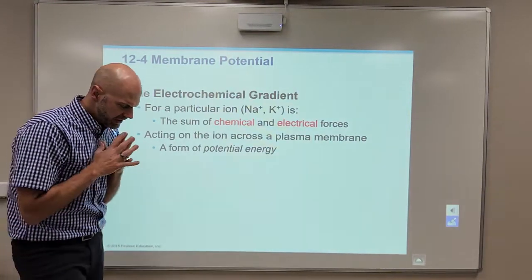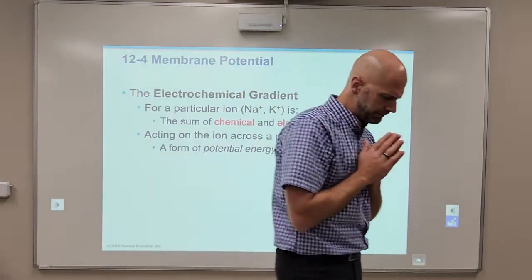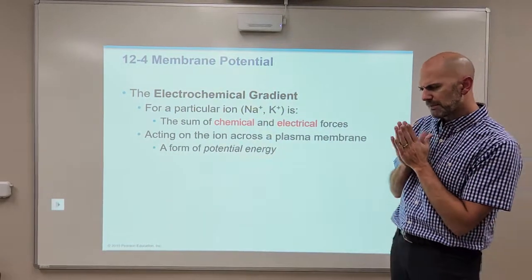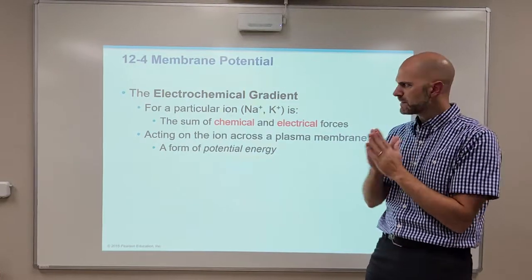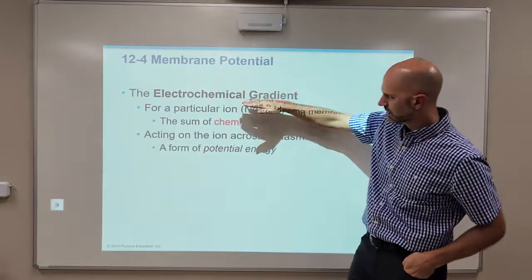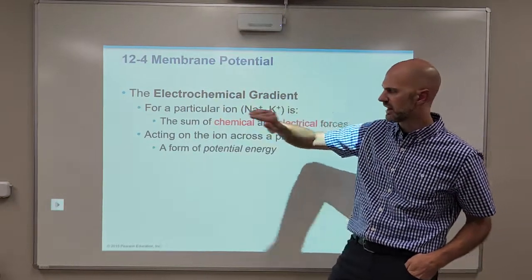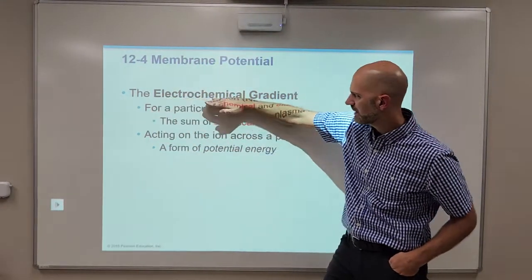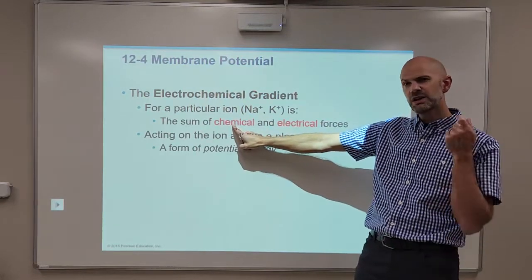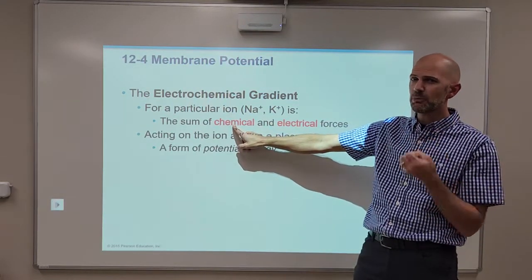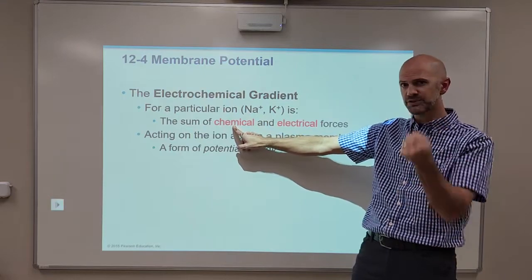But we have to talk about the properties that dictate the movement of these ions. We talk about the electrochemical gradient. There's 2 parts to that: the electrical part and the chemical part. The chemical gradient is usually a concentration gradient, that is how much of that thing is inside or outside.